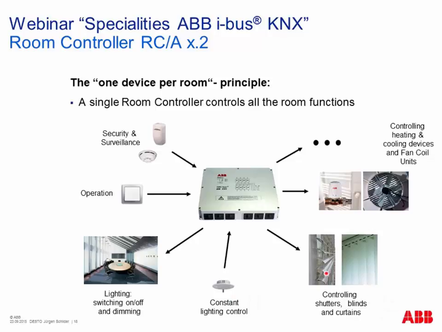Control of any motors, of course, shutter blinds, curtains, and very important as well, heating, cooling, ventilation. So all these possible solutions like valves, like fan coil units, or any fan itself can be connected here. So it's a clear room solution, and where you need decentralized installation in some projects, very interesting and also used, of course.